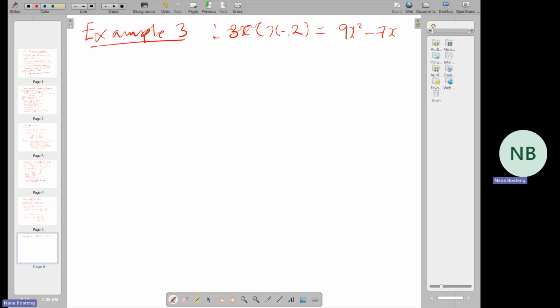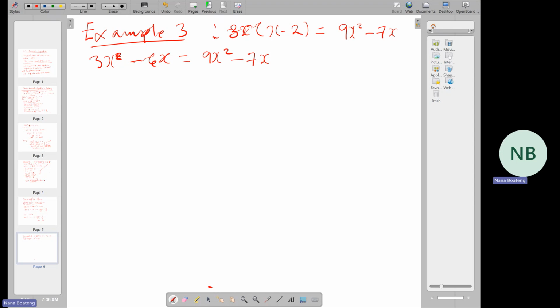So 3x times x is 3x squared, and 3x times -2 is -6x. And this equals 9x squared minus 7x.